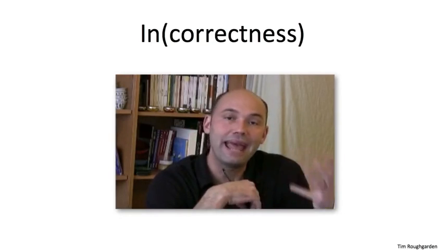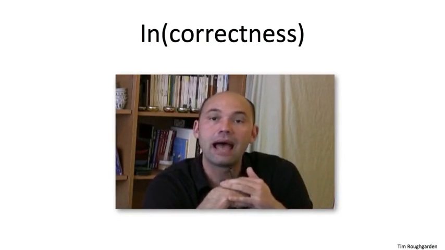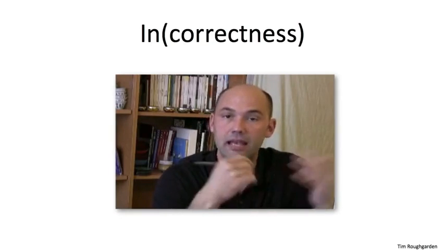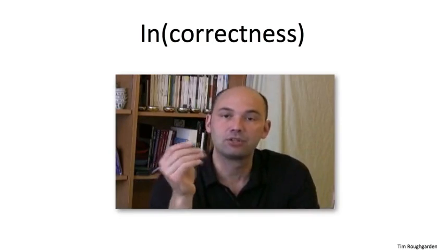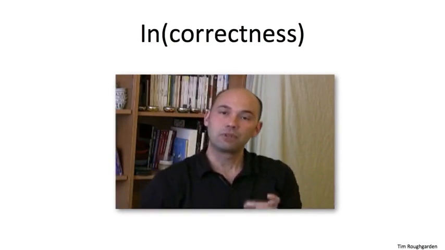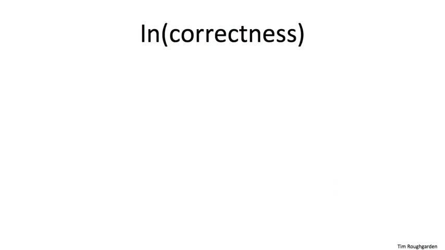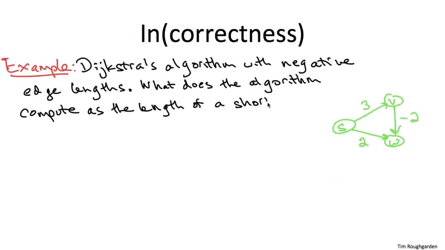We assumed that every edge of the given network has a non-negative length. We did not allow negative edge lengths. And as we discussed in part 1, for many applications you only care about non-negative edge lengths, but there are applications where you do want negative edge lengths. So let's review on this quiz why Dijkstra's is actually incorrect despite being so natural.